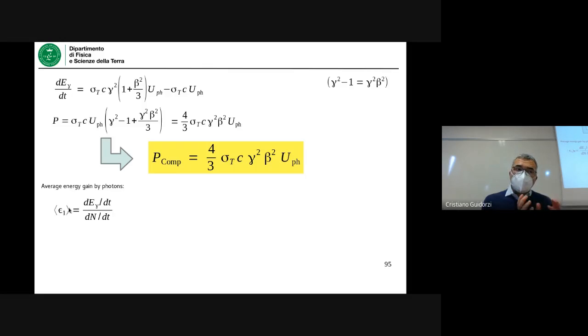If you think for a moment, you remember that the photons on average, as we will see, increase their energy by a factor of gamma squared. So when gamma is really large, the gain is essentially almost all the energy of the photon. So when you are speaking about inverse Compton, considering the energy gain as the total energy of the final photon, you make a very, very small mistake.